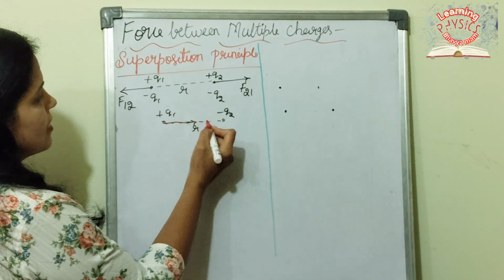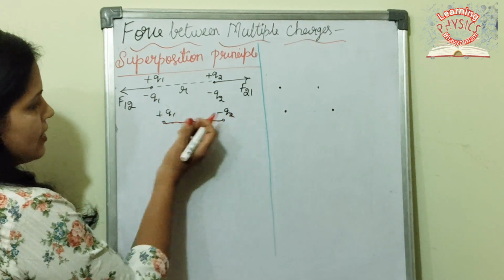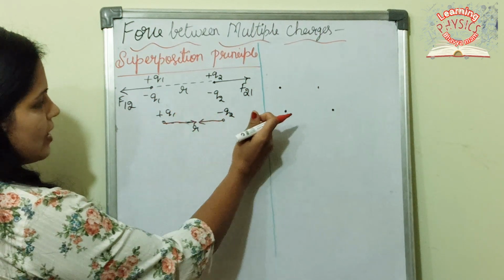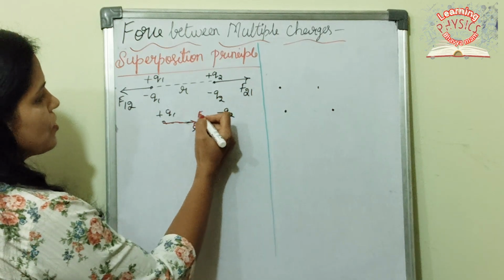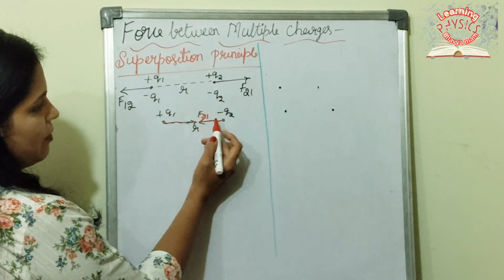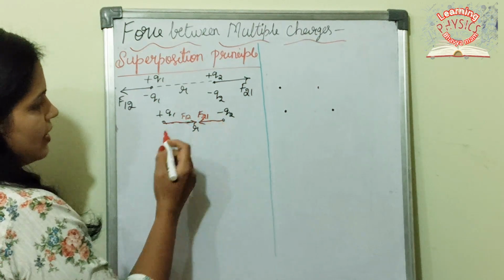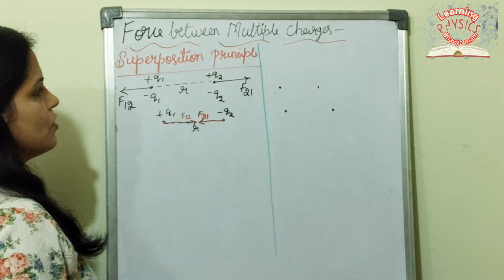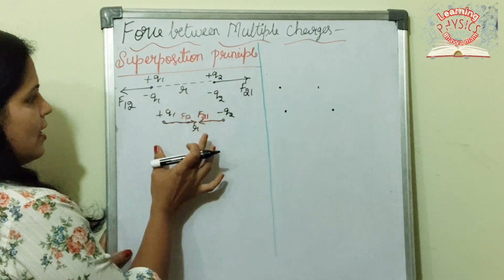Q1 attracts Q2 in this direction, Q2 attracts Q1 in this direction. So this is a force on second particle due to first. So this is F12. So they attract each other, right? So this is according to Coulomb's law, which is applicable to two charges, right?